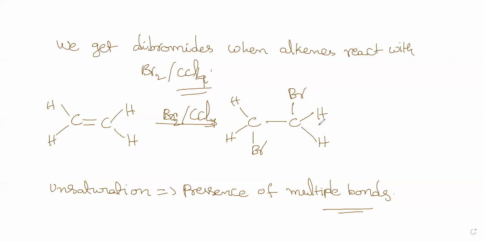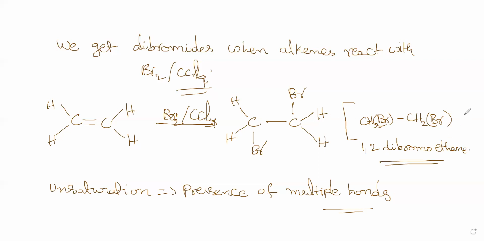This is not mentioned in your text, but anyway, I'm writing this out of my interest. So it's CH2Br-CH2Br. This is the dibromide, 1,2-dibromoethane. That's the product you get.